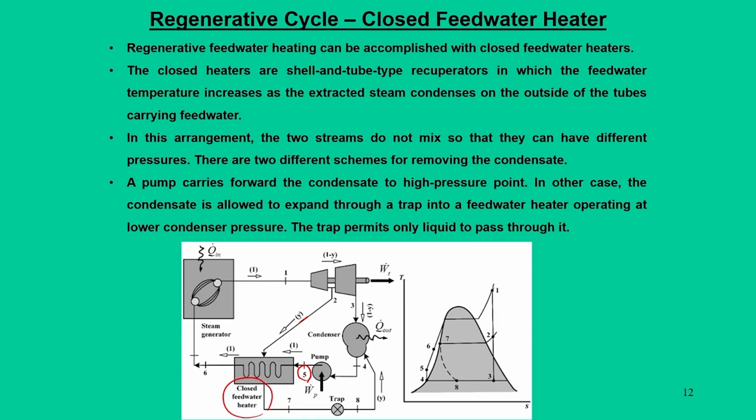So, thermodynamically, if you look at this diagram, we start with state 1, at state 2 we take out y unit of steam, and the remaining 1 minus y unit expands in the low pressure turbine. Now, when we are at state 3, we condense this 1 minus y unit through this condensate line. Then what happens to the rest, y? At state 7, that means after the y unit of steam enters the saturated liquid, we use a trap system that only traps the vapor.